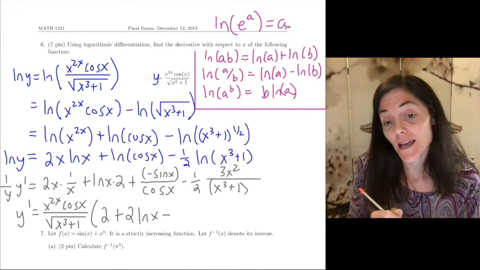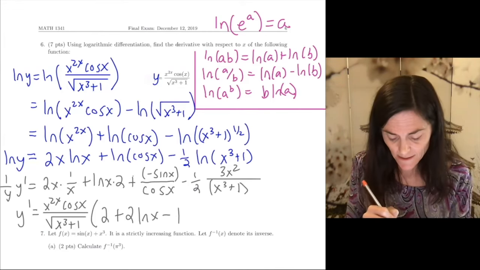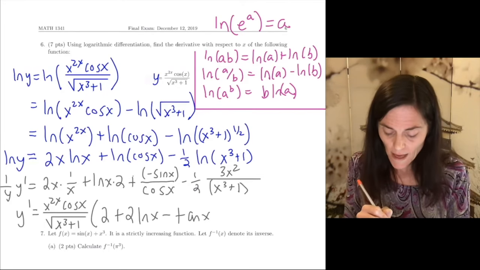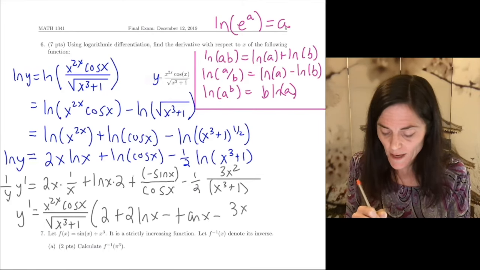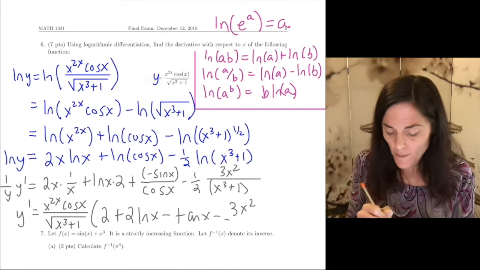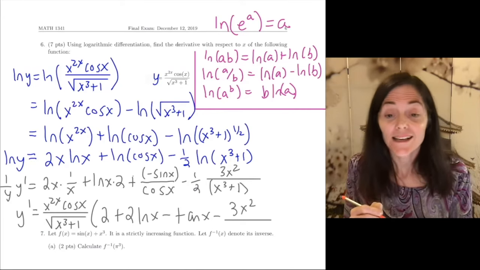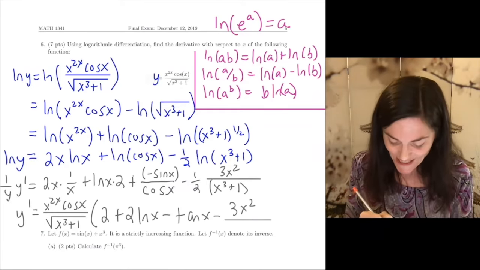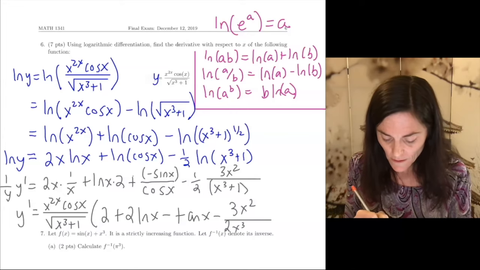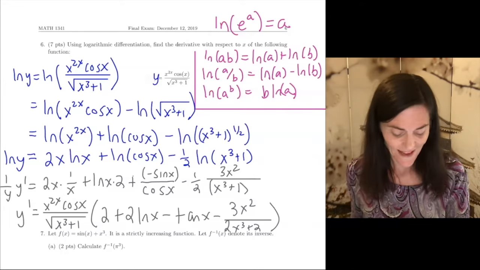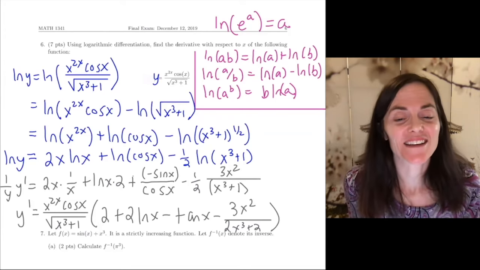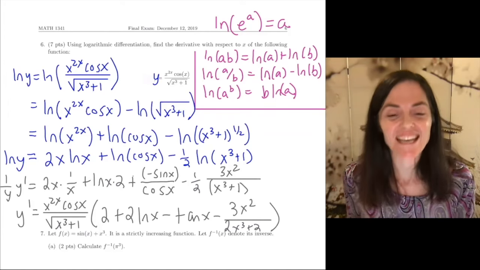Sine over cosine is in fact the tangent. And then we have minus, up here we have a 3x squared, and in the denominator, this is 2x cubed plus 2. Okay, so this is my final answer here. This was logarithmic differentiation.